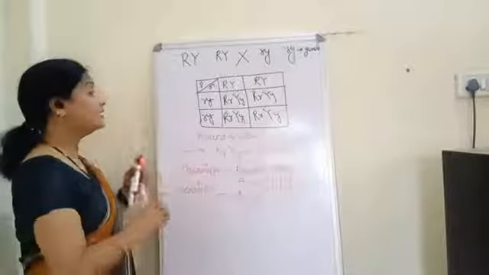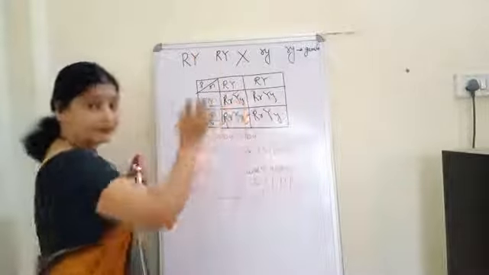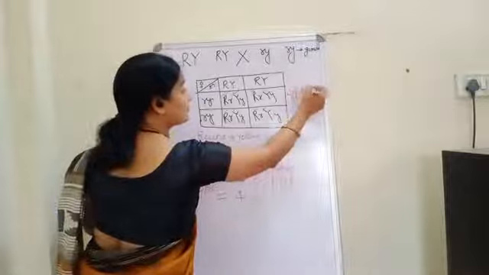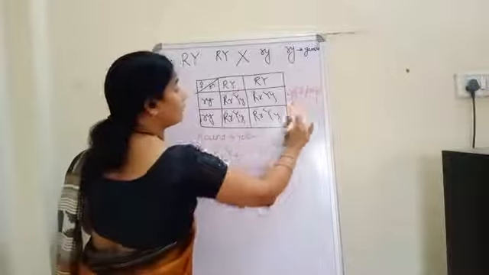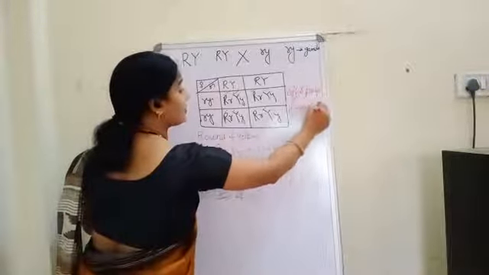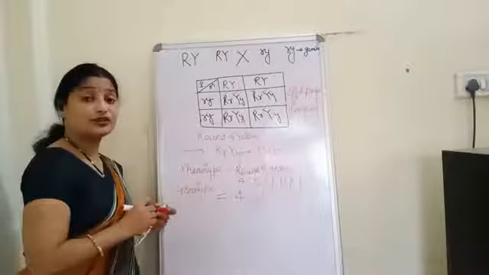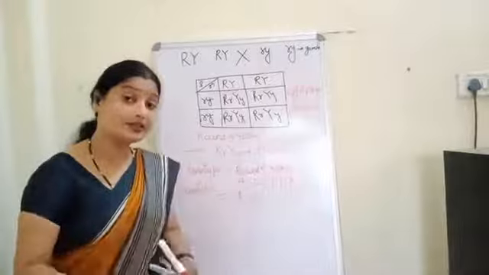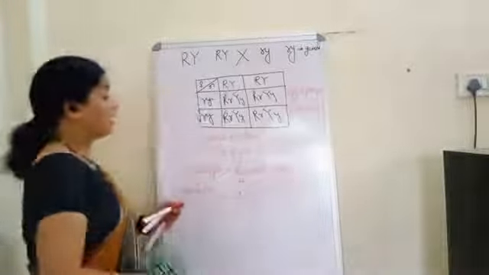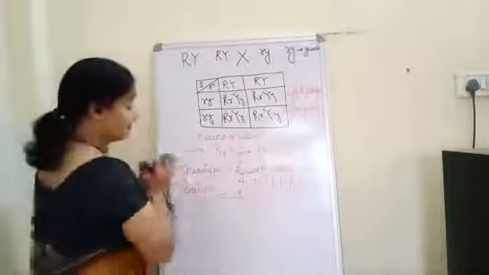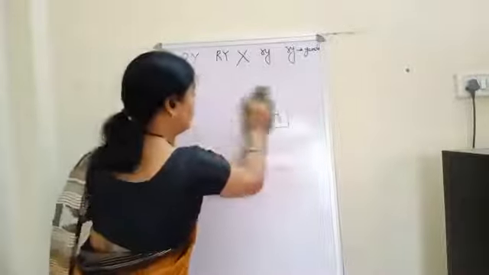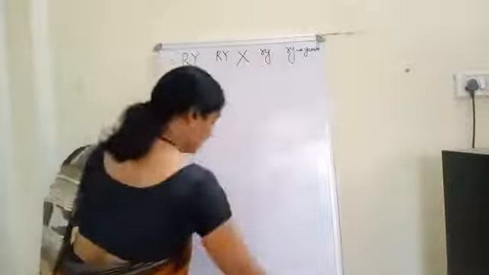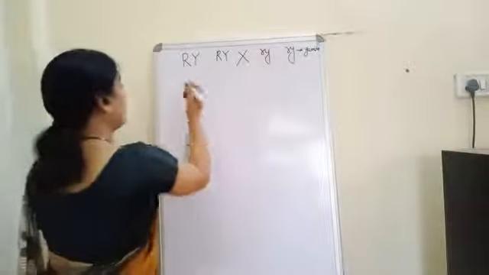Now, what had Mendel done? He took these offsprings, or progeny, and crossed them to get the result. Now what result have we got?